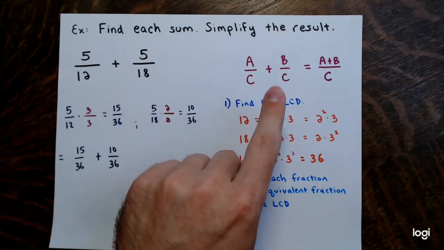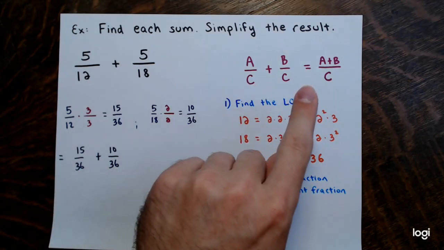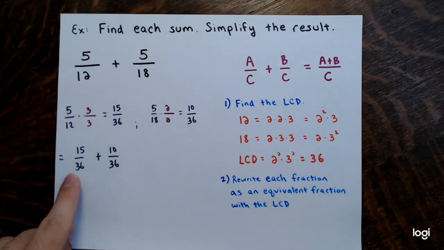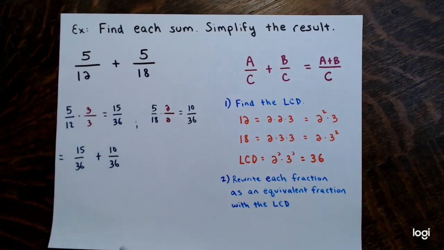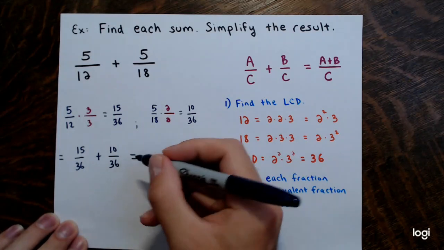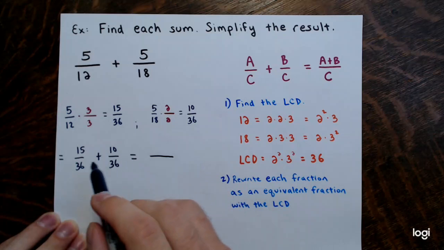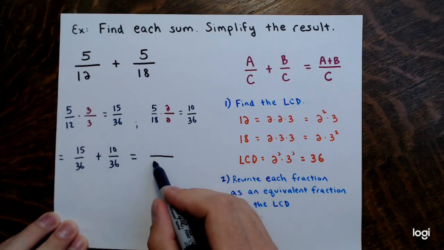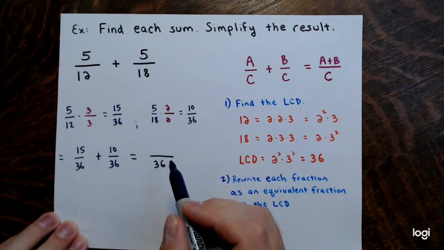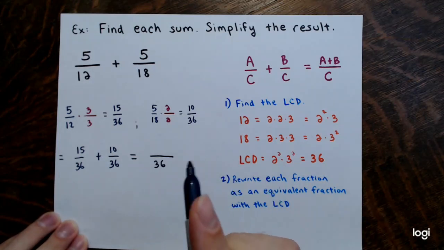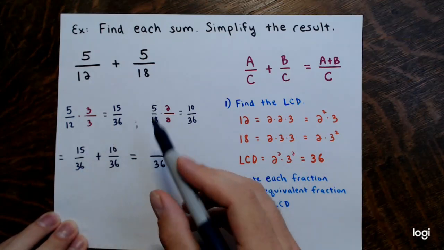When we can actually add fractions together is when the denominators are the same. So you see 36, 36. So I can find their sum now. The denominator of the sum will be that common denominator. It stays 36. It doesn't become 72 or something. Don't add the denominators. The only things we are adding are the numerators.